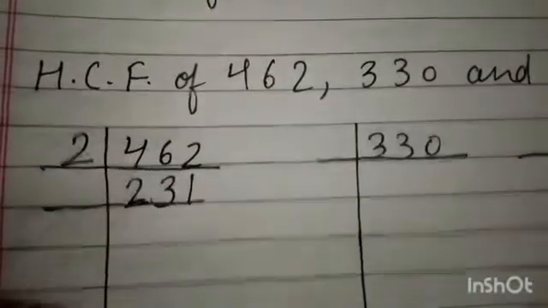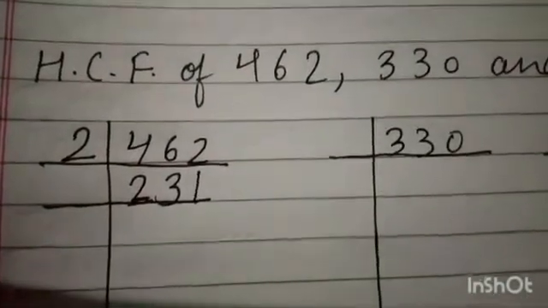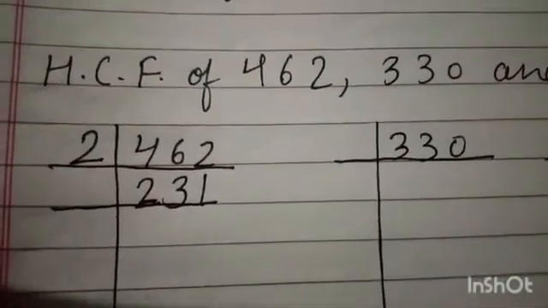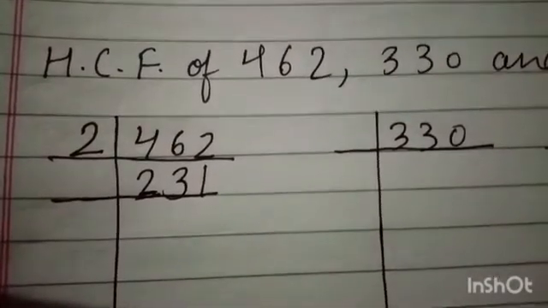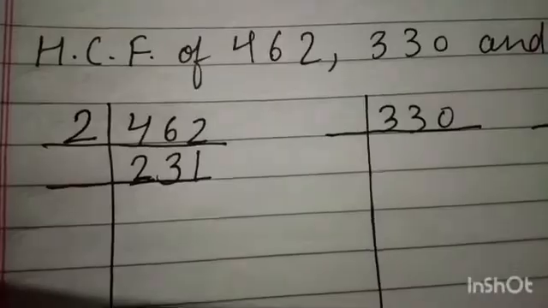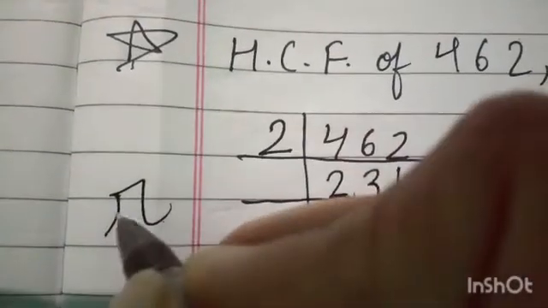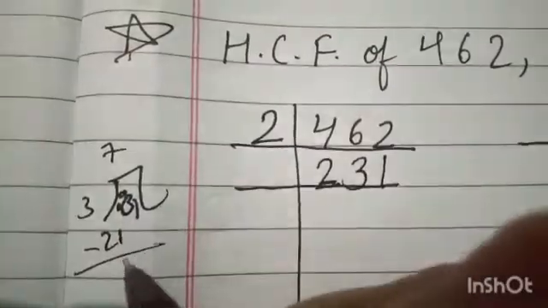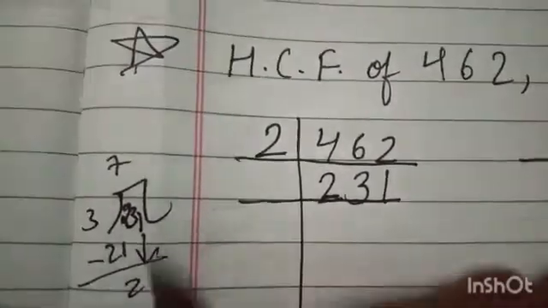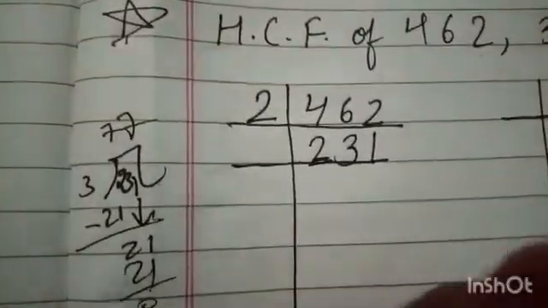Now I have to check a number by which I can divide 231. 231 is odd, not even, so I will try to divide it by 3. 3 7s are 21, 3 minus 1 is 2, again 1, 3 7s are 21.